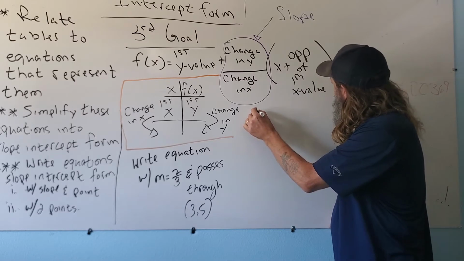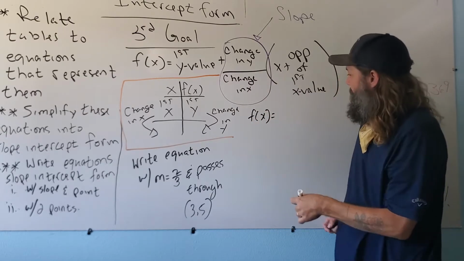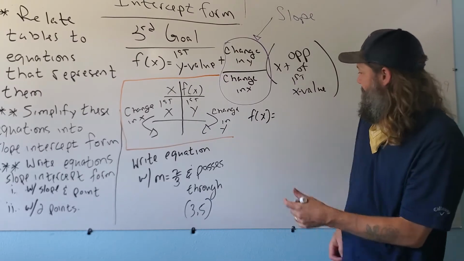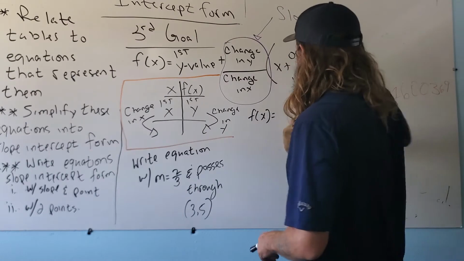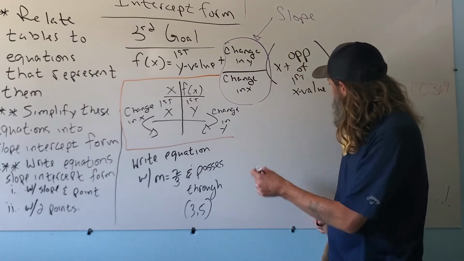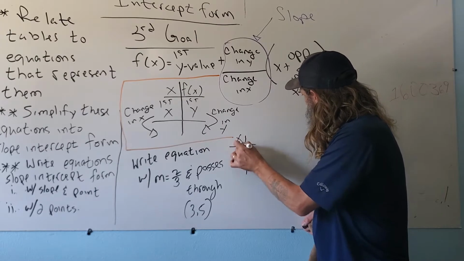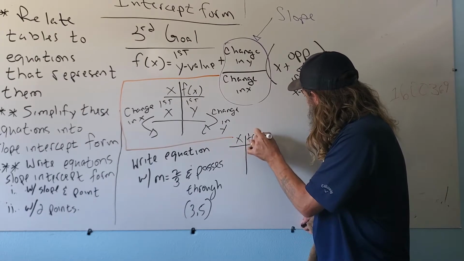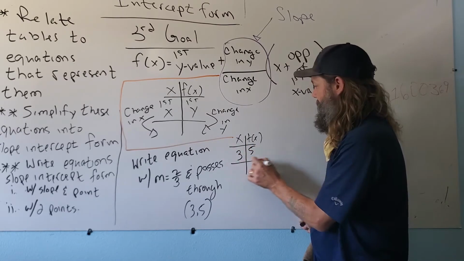So it's f of x equals my first y value. Actually, let me rewind and do this better. Let me make the table for this problem, so you can see that we're still using the same concept. There's my ordered pair, 3 and 5.